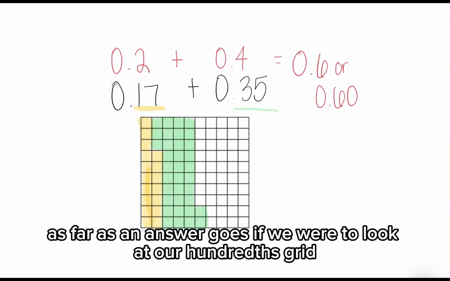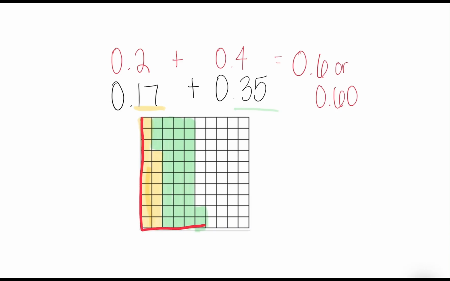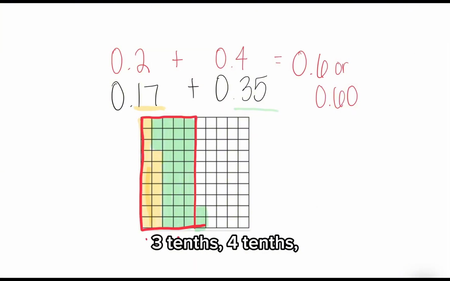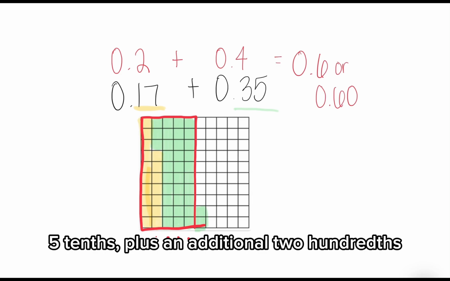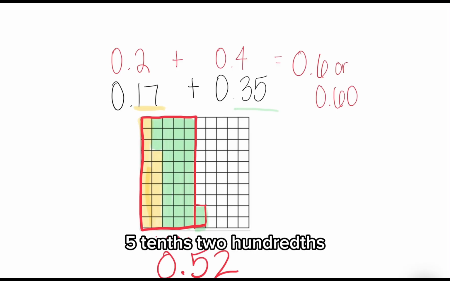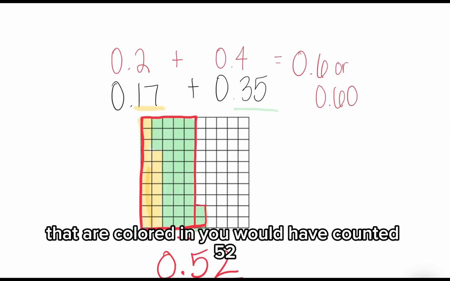As far as an answer goes, if we were to look at our hundreds grid, we know that each rod, each column is worth 10. So we've got 1/10, 2/10, 3/10, 4/10, 5/10, plus an additional 2 hundredths, 5/10, 2 hundredths, or if you literally just counted up all the little squares that are colored in, you would have counted 52.